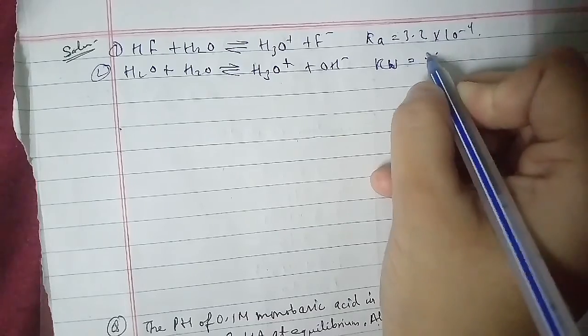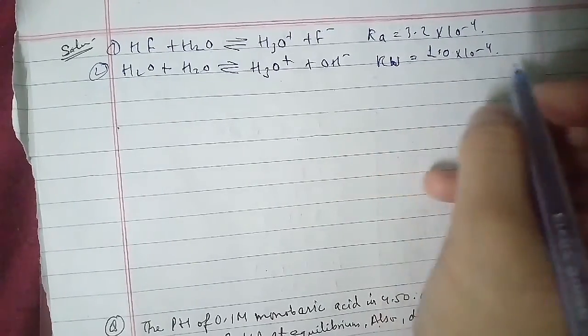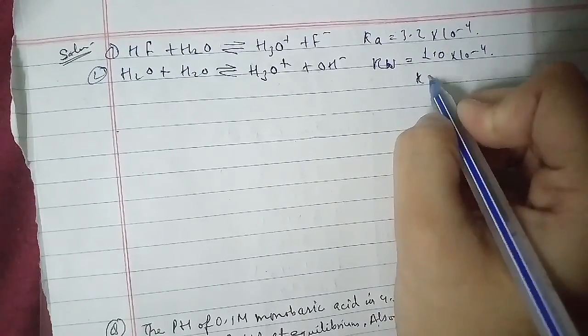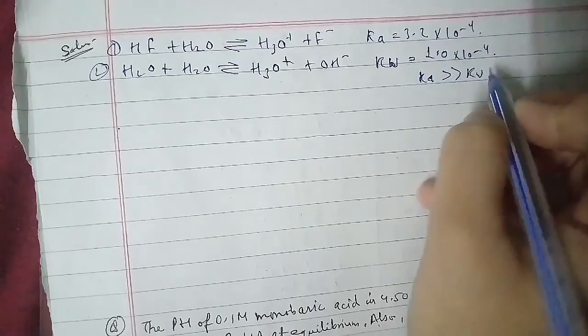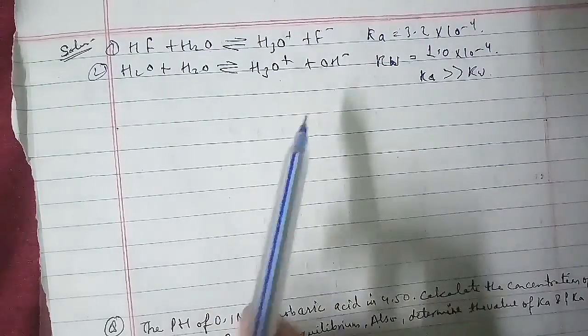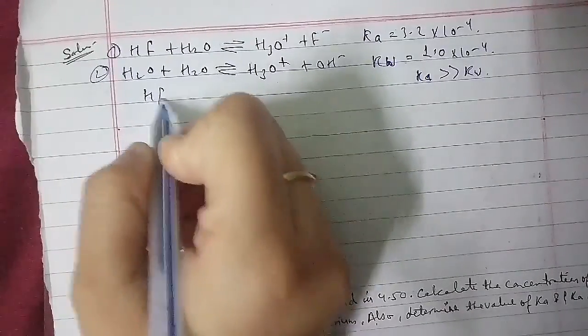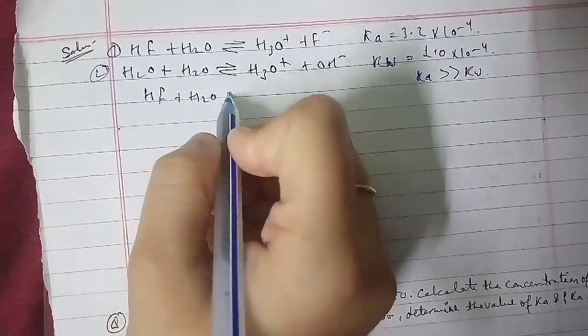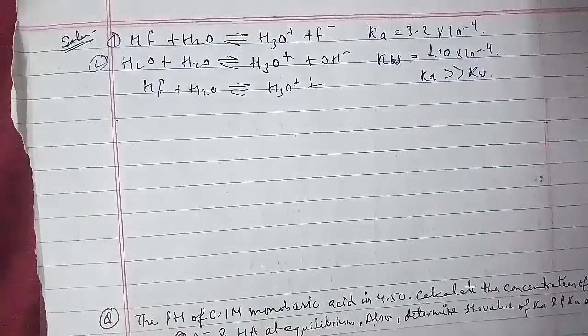The quadratic equation in alpha can be solved, and the two values of the roots are plus 0.12 and minus 0.12. The negative root is not acceptable, and hence alpha equals plus 0.12. This means that the degree of ionization, alpha, is 0.12.